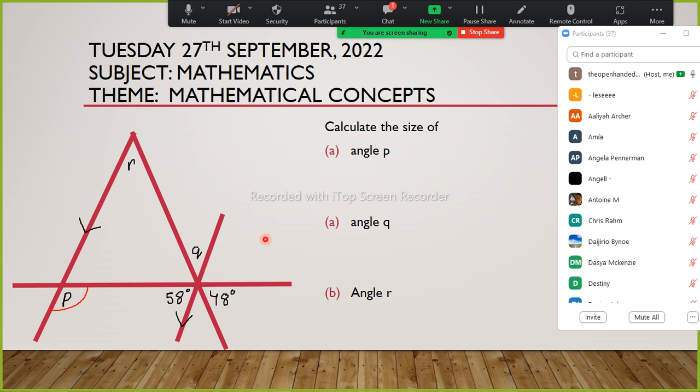But why would we subtract 58 from 180? What's the reason? Because a triangle equals 180. But these are not inside the triangle. P and 58 are outside. I feel like you add up 180, 58, and 48. No, 180 is on a straight line. They're on a straight line, but they're not at a common point.